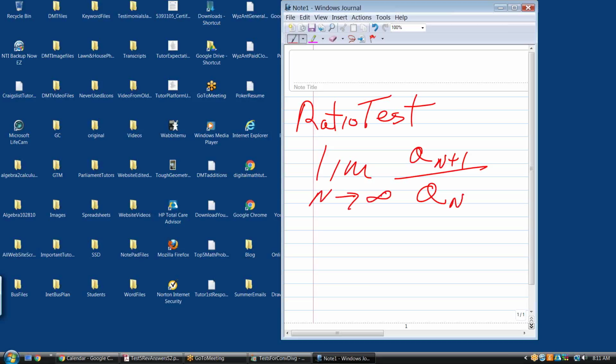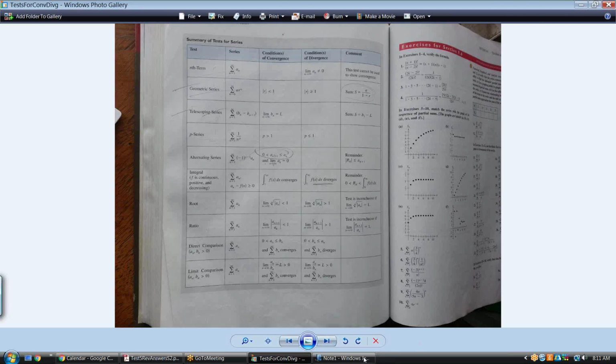And we're looking to see whether that ratio comes out to be less than 1, greater than 1, or equal to 1. Well, you can see that that's what she's done.